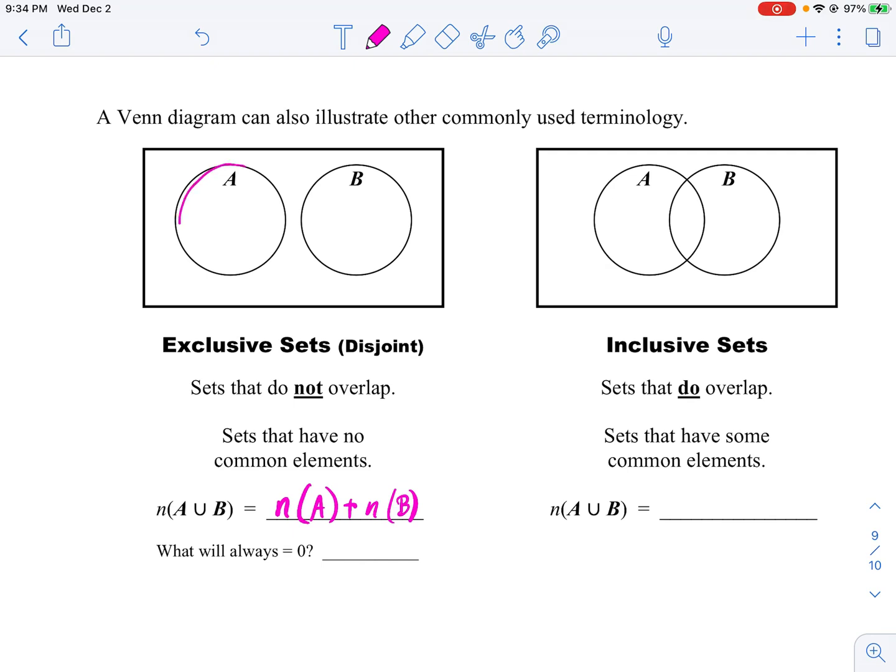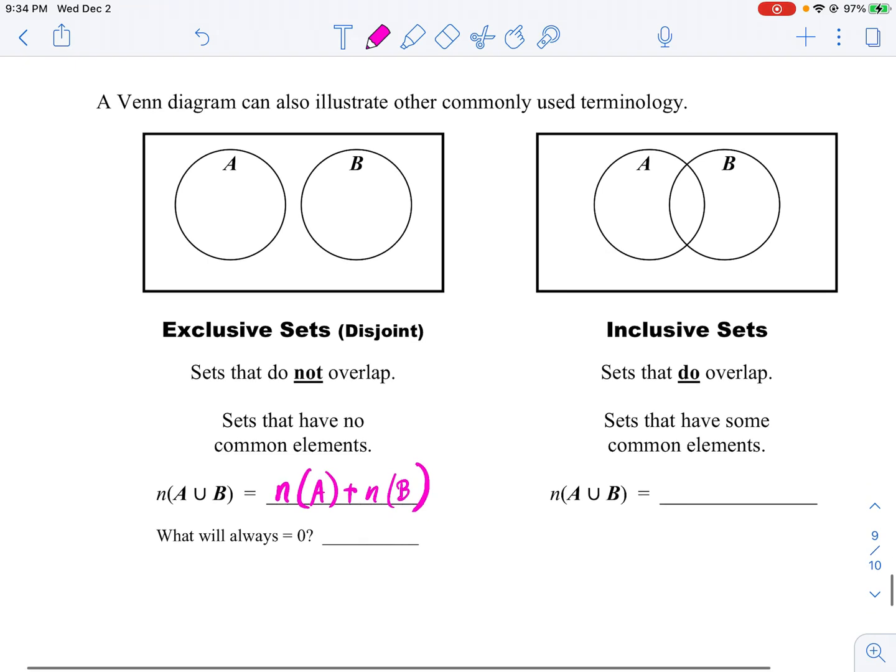We would have 5 over here and 5 over here. The total universal set would be the entire A or B. What will always be 0? Well, the number of elements that are A and B. If those are not touching, there are no elements that share both traits.